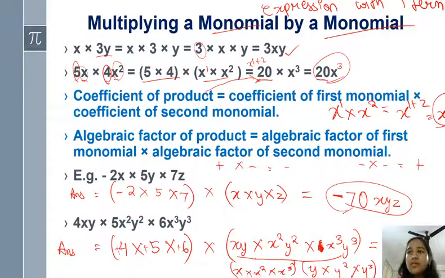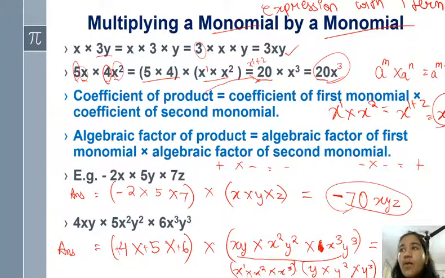So we have to use this law of exponent: a to the power m into a to the power n is equal to a to the power m plus n. The base remains the same, x, and the powers are 1 plus 2 is 3, 3 plus 3 is 6, so x to the power 6.